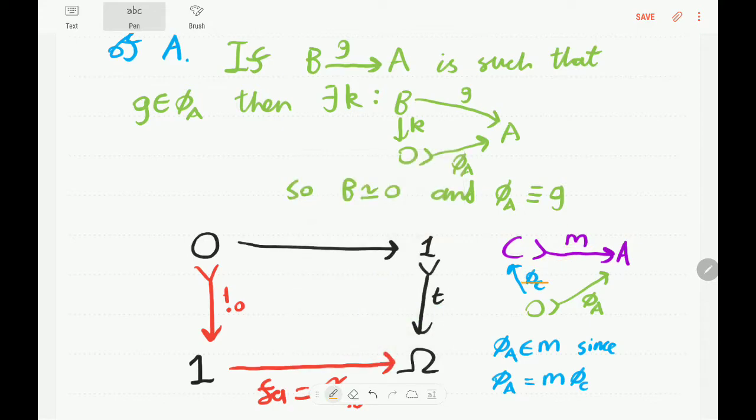We have that M after 0_C is an arrow from 0 to A, so it must be equal to 0_A. So that means that 0_A is in M. Okay, so just like the empty set is contained in any set, we have that 0_A here is contained in any monomorphism. So I can actually write contains here. Okay.